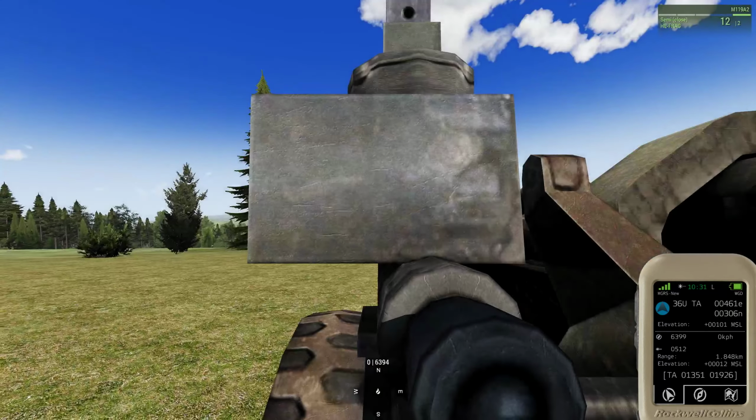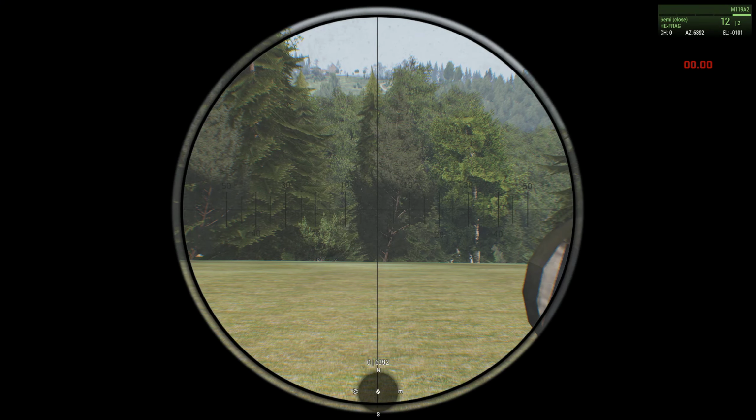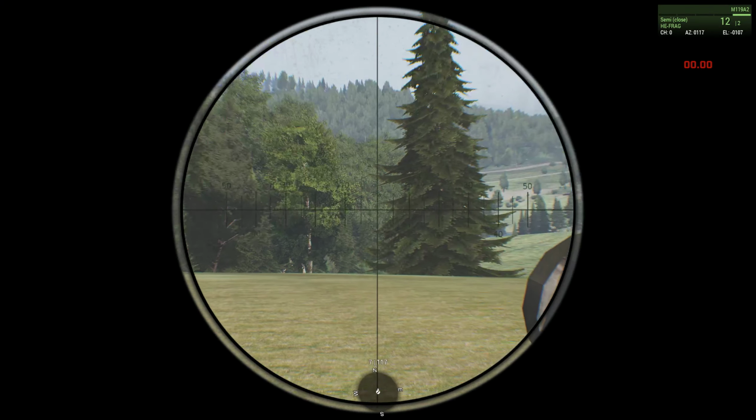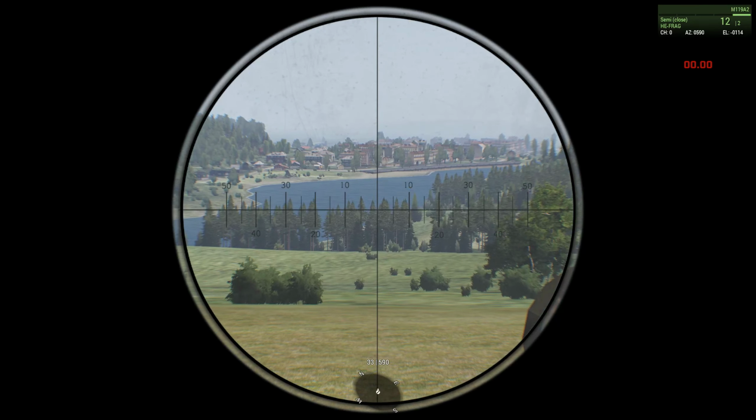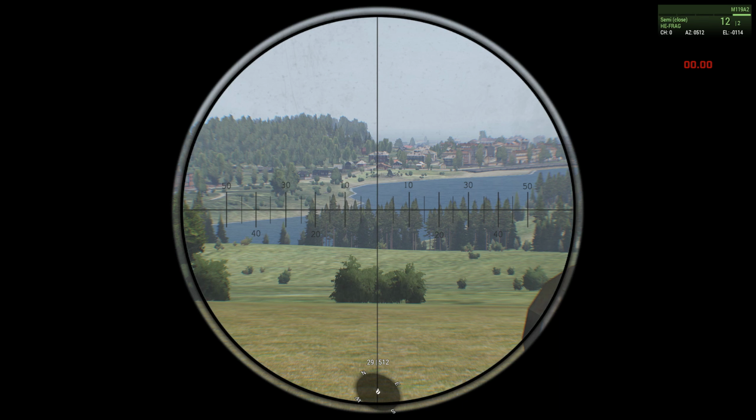Go ahead and hop on our gun. We can press 0 to get into the gunner's sight. And we can swing our azimuth around to 512. And our elevation has to be 382.